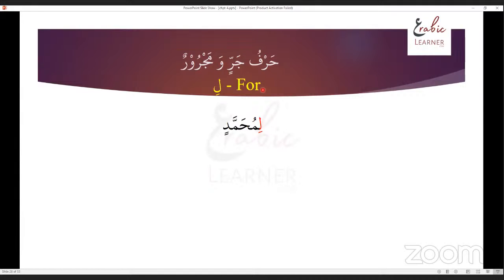So li Muhammadin. If I say li Muhammadin, what does it mean? For Muhammad, it could be anything. So it is for Muhammad. This li letter gets attached to any ism. Ideally, this was Muhammadun.